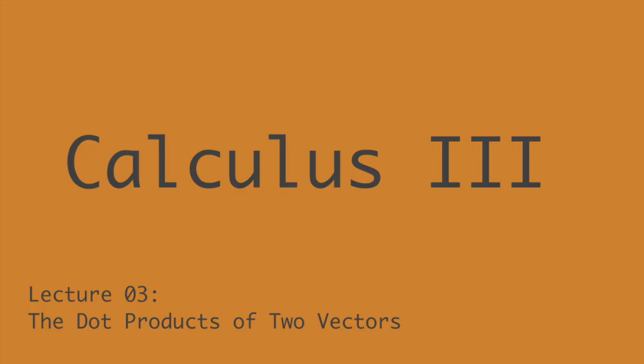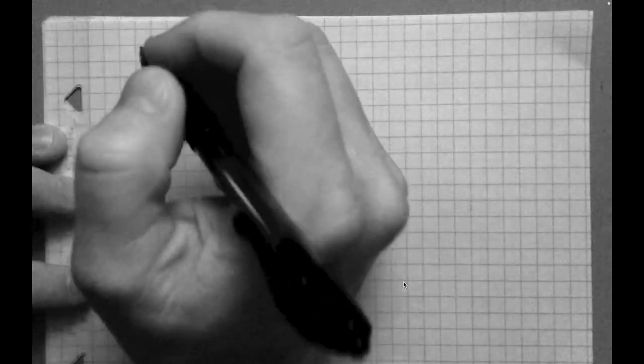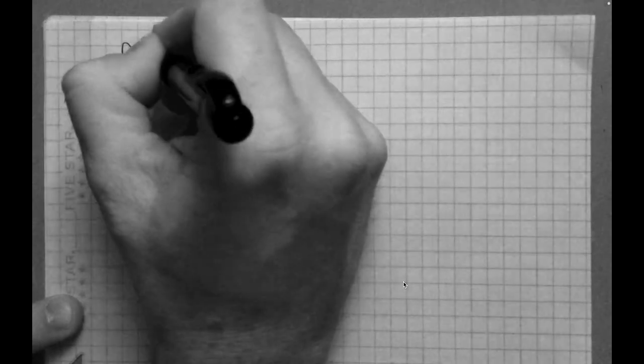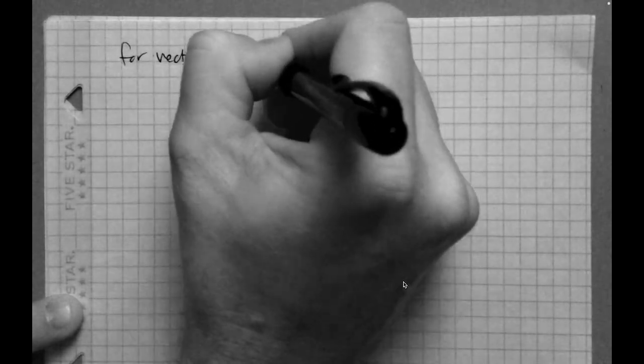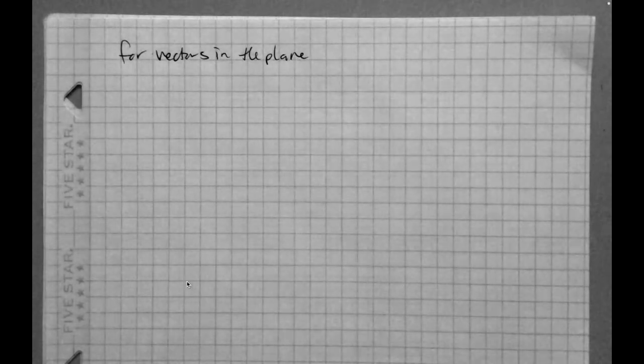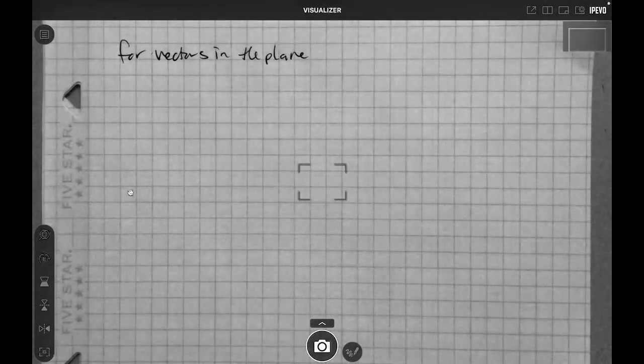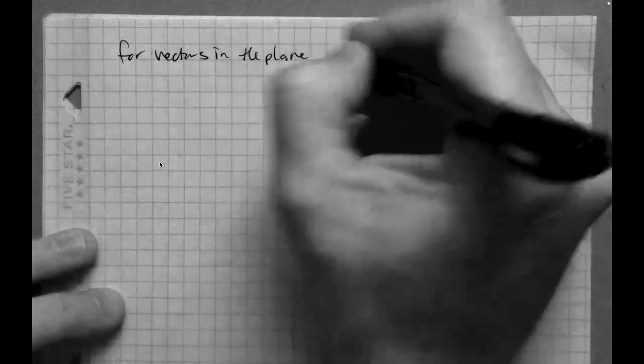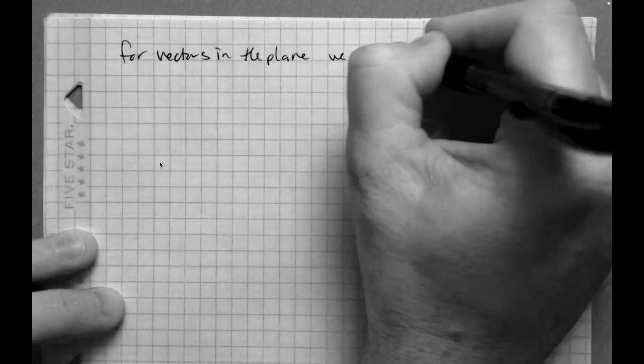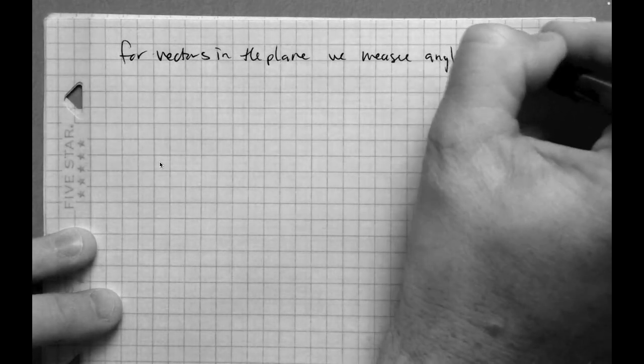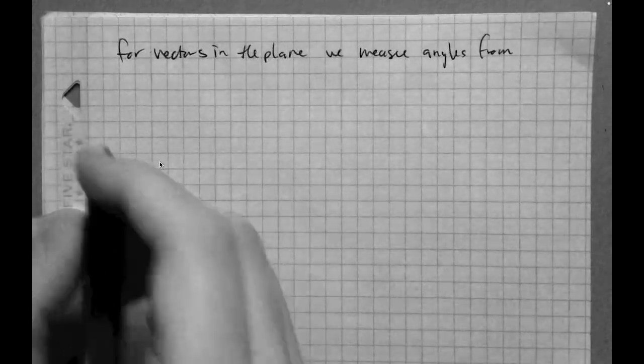In this part, we're moving through some examples and applications of the dot product. Up to this point, we've been thinking about vectors in the plane. For vectors in the plane, we typically measure angles from the positive x-axis to the vector.